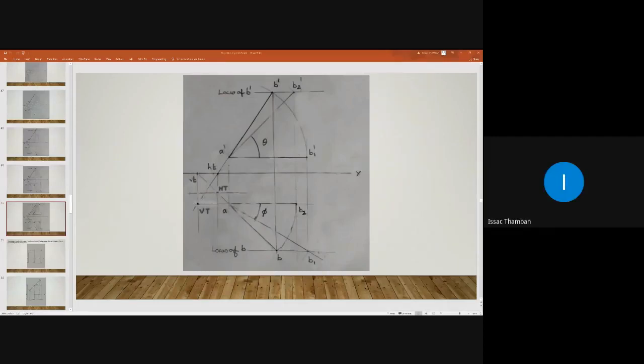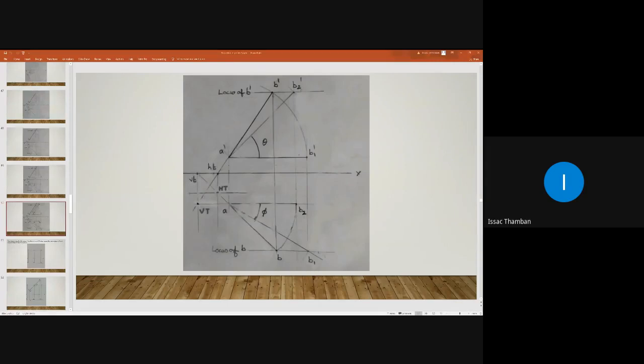What is the length of AB1? 55 something. Susan Varghese, what is the length of AB1? First measure. 58 millimeter.